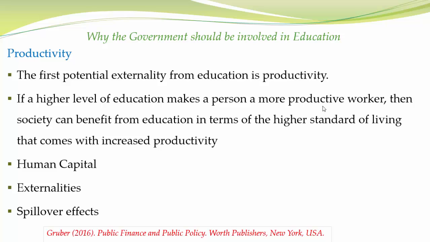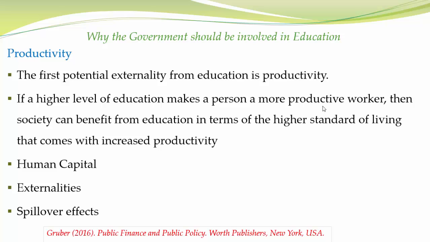Why should the government be involved in education? It's a very good question, which is often asked: why does the government spend on education? So the reasons are productivity. The first potential externality from education is productivity. Productivity is one of the important externalities of education.